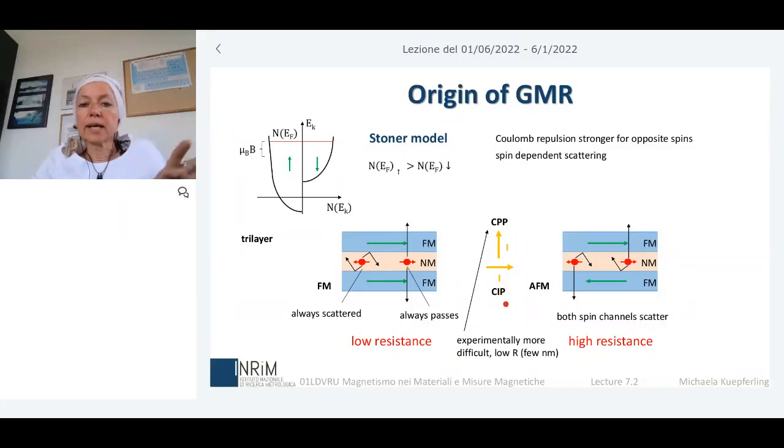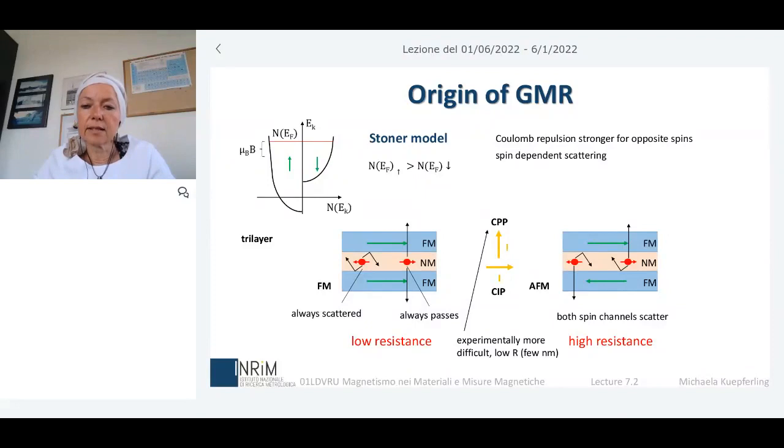Maybe it creates a little bit more difficulties to imagine how these effects still work, but of course you have to consider that the electron, and Vittorio showed you this very clearly, now does not pass through these layers in a straight line and goes through. It always changes direction, and you will have a scattering at the interface, especially because these layers are really thin.